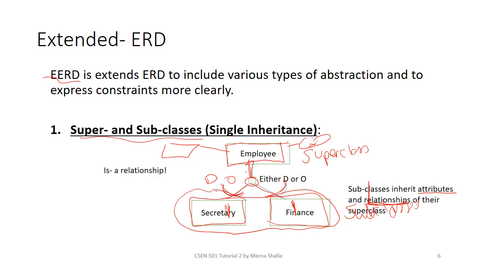طيب, the most important thing out of these super and subclasses, they must satisfy what we call the is-a relationship. يعني I can always say that an employee is a secretary. يعني ال is-a relationship جاية من ناحية السوبر كلاس لكل سب كلاس عنده. فدايما لازم نقدر نستيت this statement ان الامبلوي is a secretary والامبلوي is a finance and the employee is whatever subclass it has. لازم ال is-a relationship تكون بتهولد. ما ينفعش يبقى عندي for example a subclass that whenever I say that the employee is this subclass I will get a wrong semantic.